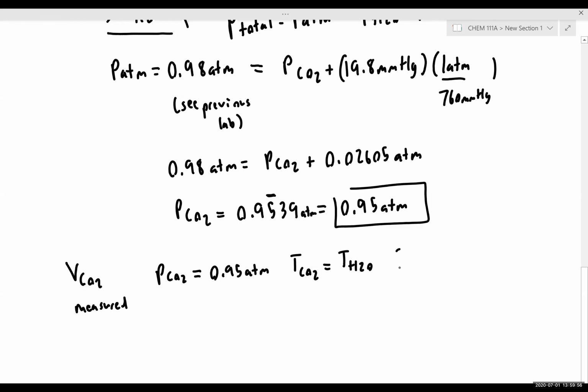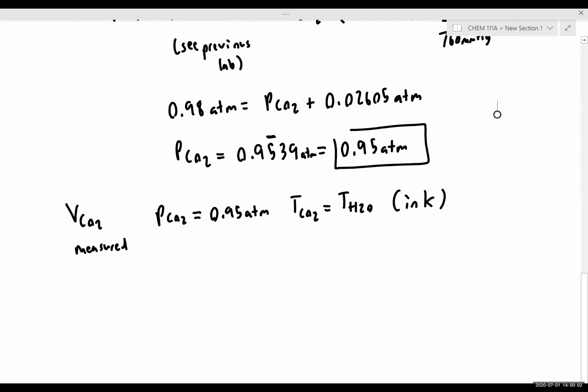Keeping in mind that our temperatures need to be in Kelvin. And then in order to calculate the moles of carbon dioxide, let's focus next on how we do that. How do we calculate the moles of carbon dioxide?